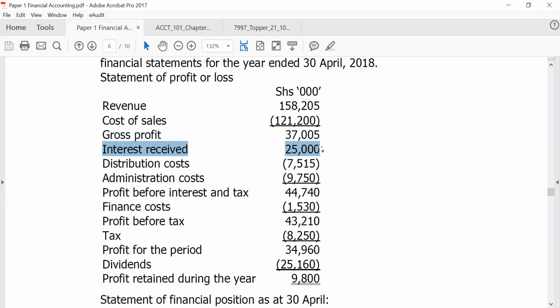Interest received is basically this 25,000. Like I say, this is like income, okay? Interest received is more of income, but interest received is not a cash flow from operating activities.